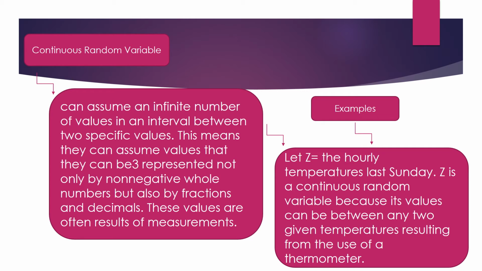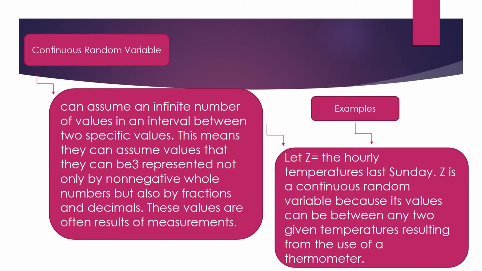And the next example: let Y be the weights of randomly selected students in pounds. That statement is a continuous random variable because its values can be between any two given weights. Also, weights are measured using a weighing scale.